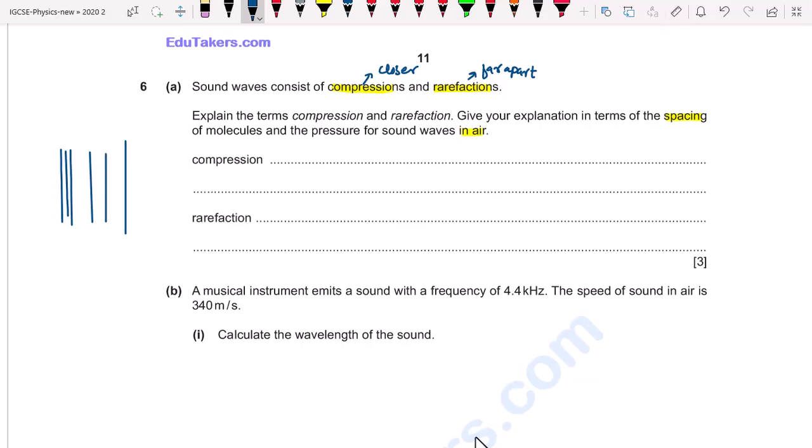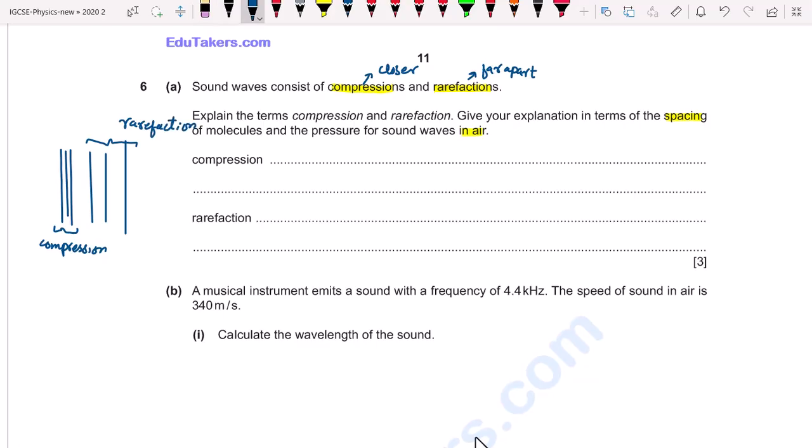So you can see from here that the distance between these is very small. So it is compression, and here the distance is very large. These are rarefactions.